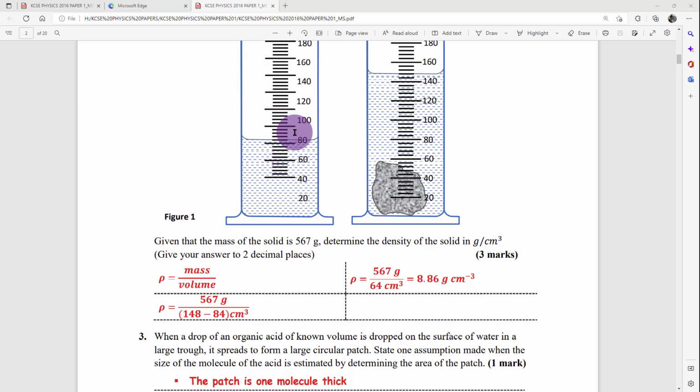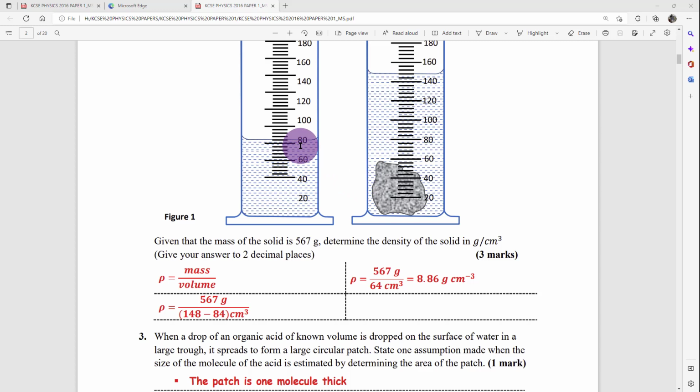We can get that by checking the difference between, for example, 160 and 180, where we've got 5 divisions, so each division represents 20 divided by 5, and we get 4 centimeters cubed or 4 milliliters.